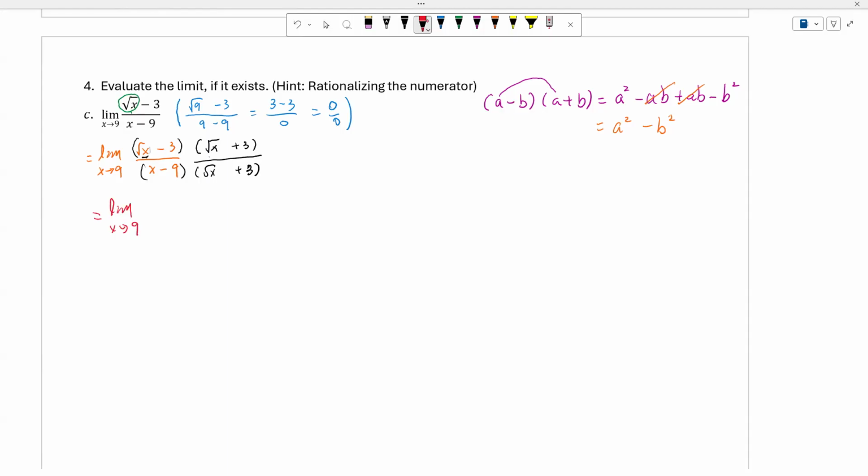Now I will have the first term squared minus the second term squared, divided by x minus 9 and then root x plus 3.